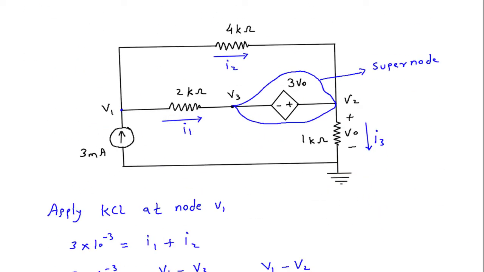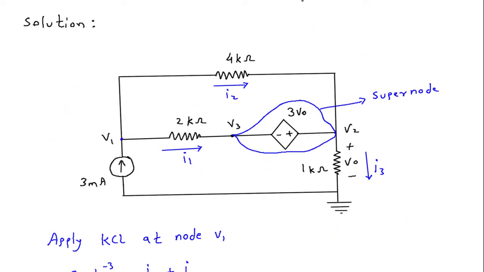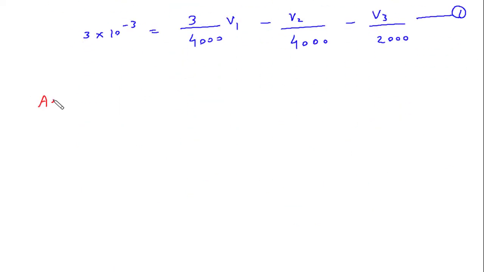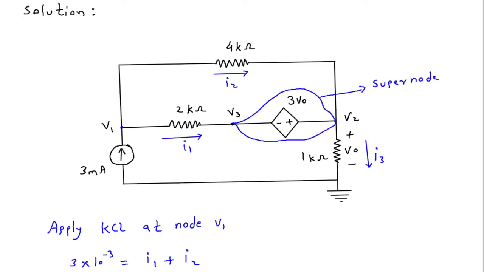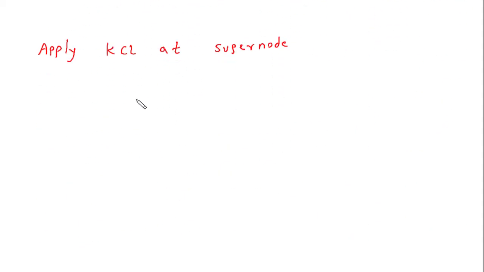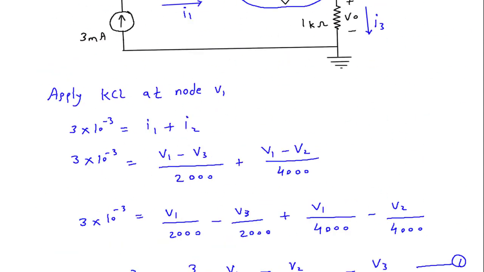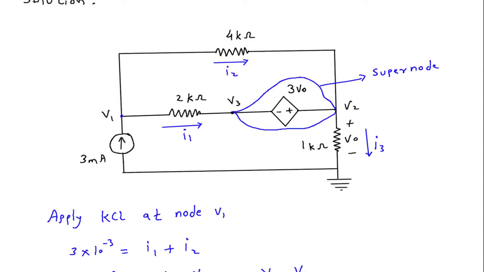Next, apply KCL at this super node. At this super node, entering current is I1 plus I2, and leaving current is I3.